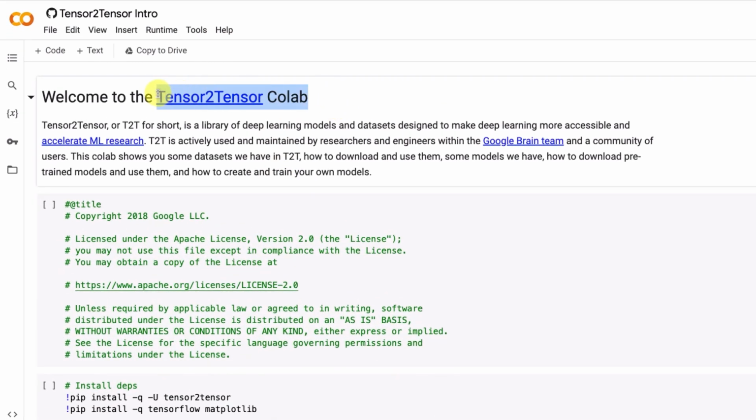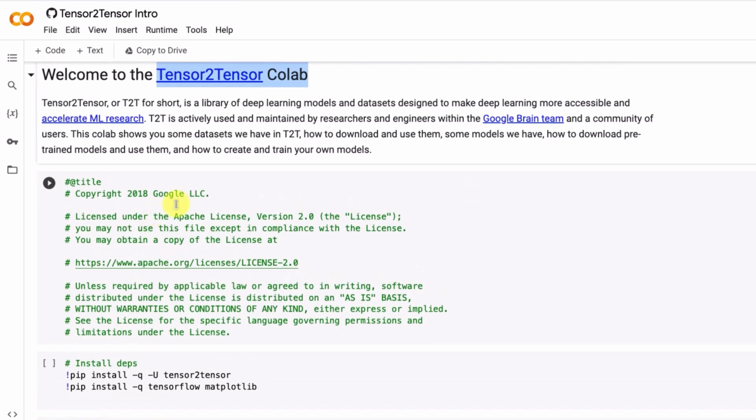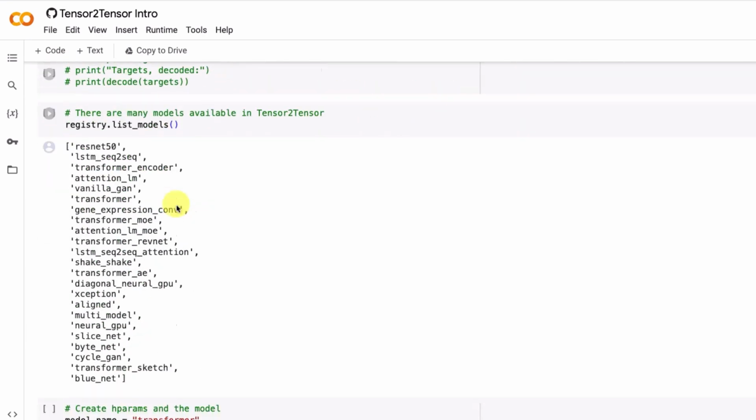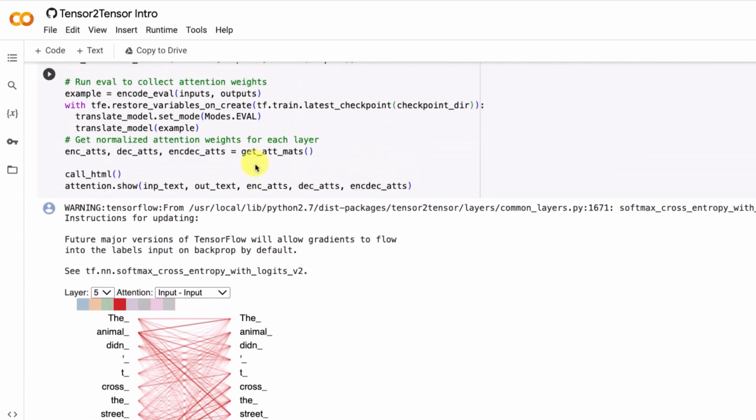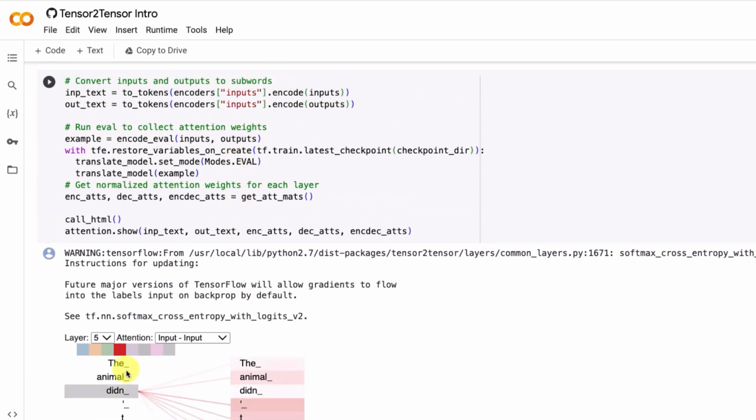So if you search on Google for tensor2tensor Colab, you will be able to find this link on Google Colab, which is maintained by Google as well. And if you scroll further down, you'll find the visualization of attention.